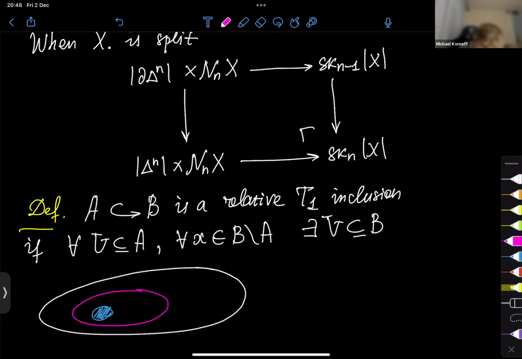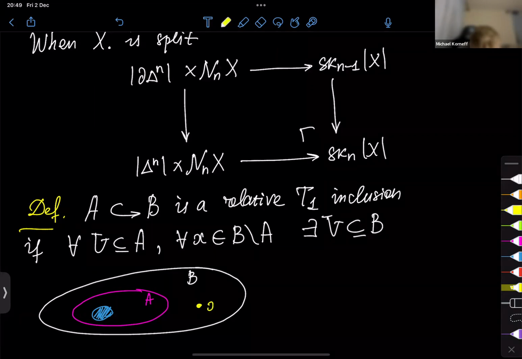So here is A, and this is B, and we pick a point, say x, and we should have an open subset of B which doesn't contain the point x.